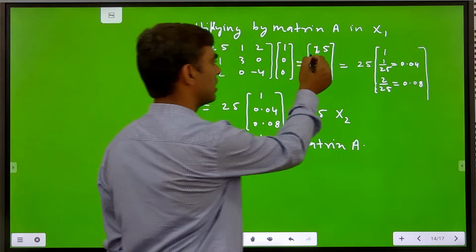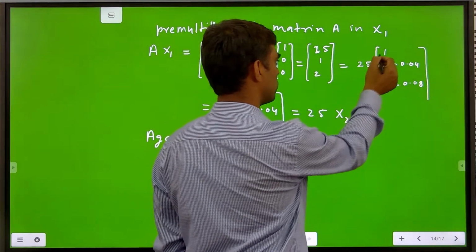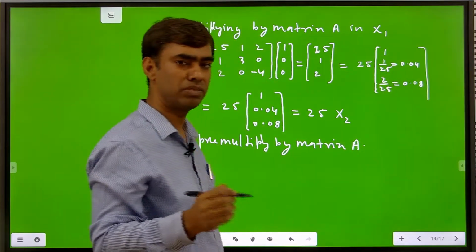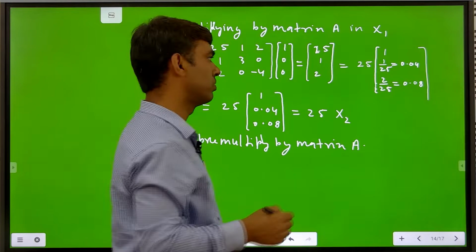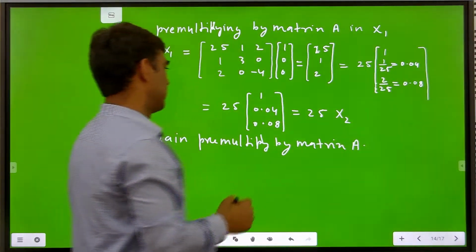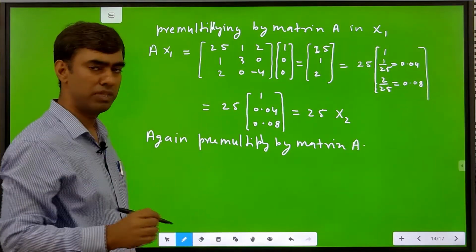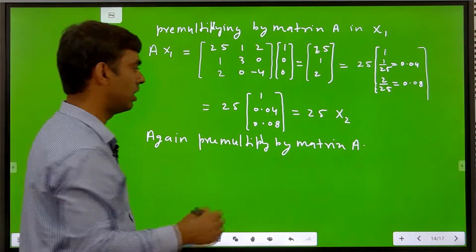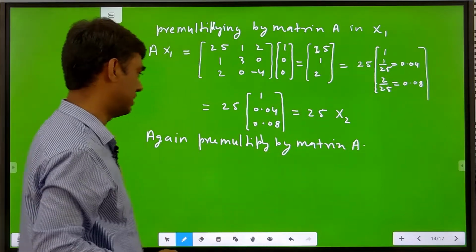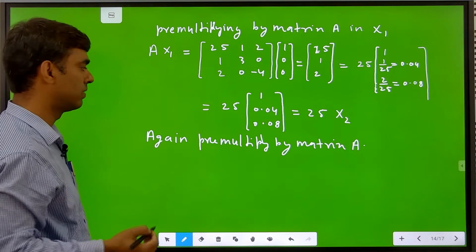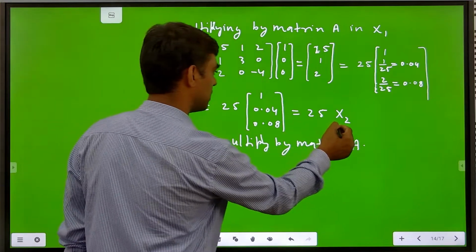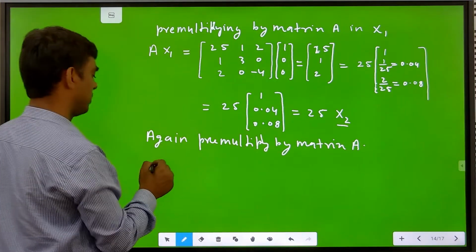Here the numerically largest value is 25, so we convert the largest element to 1. So 25 is the approximate eigenvalue, and this is the approximate eigenvector for the next iteration. In the next iteration again we pre-multiply by the matrix A. This is considered as x2.